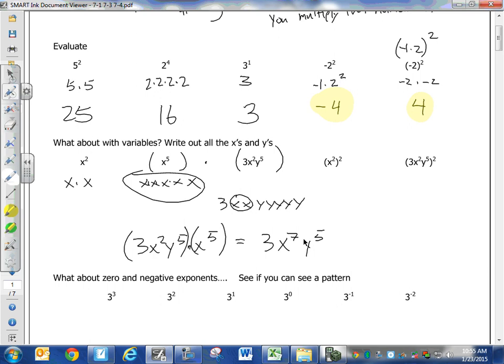This is what we're doing. We will develop rules once we understand this concept of just taking these 5 x's and these 2 x's, making 7 x's, okay?